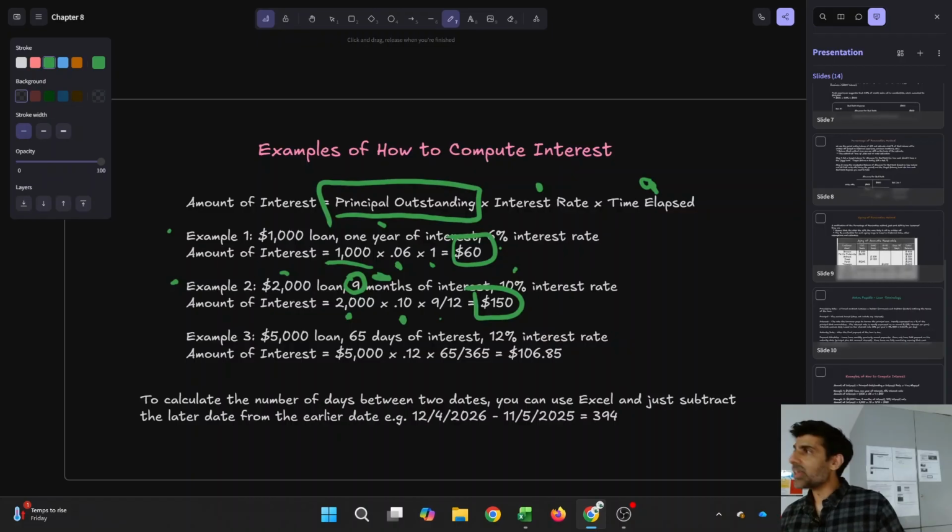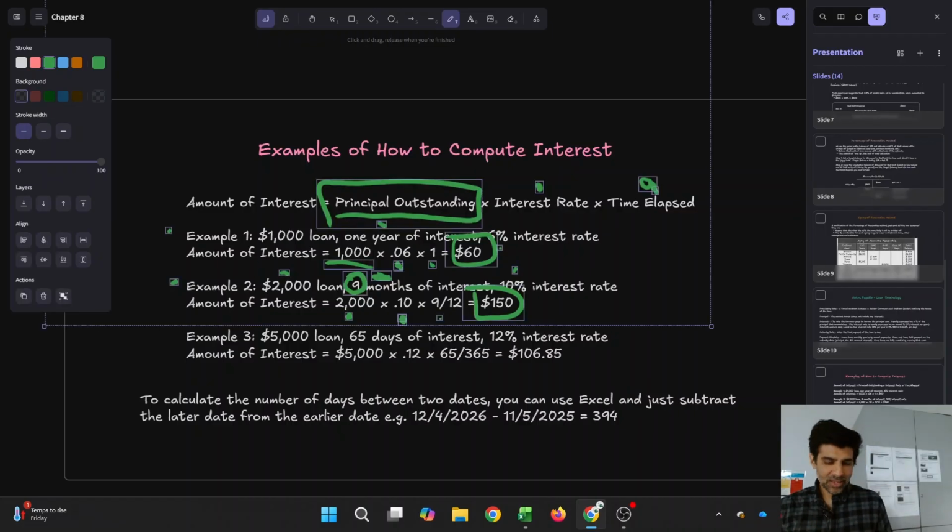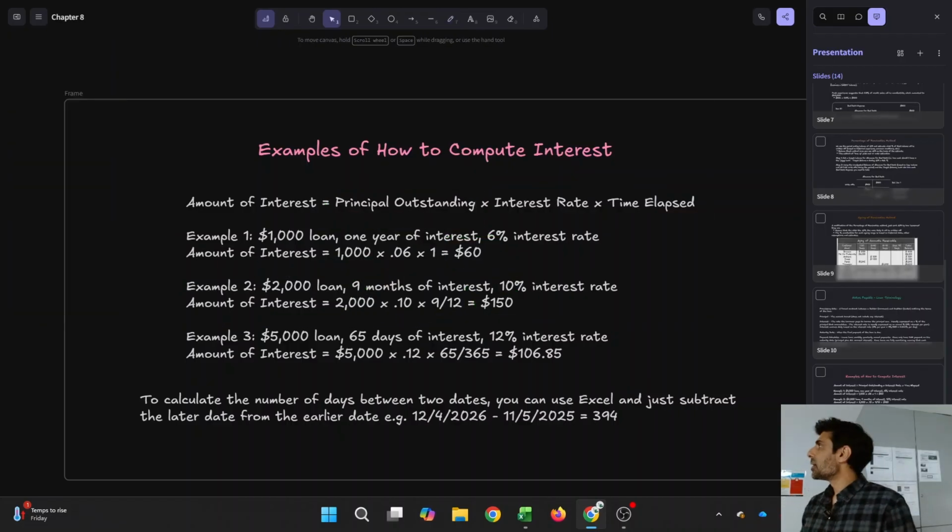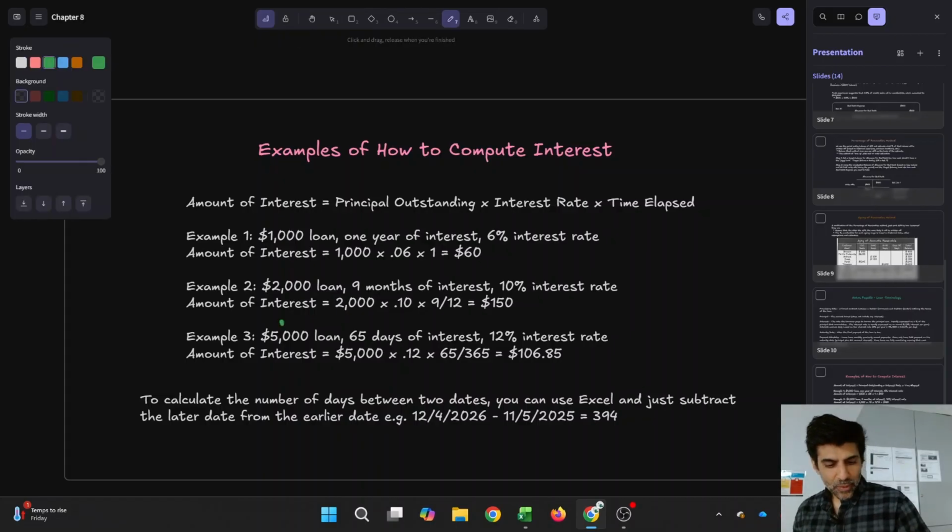Now, what about this? This one requires maybe a little change in strategy. You have a $5,000 loan. Now we're going into days. 65 days of interest, but the rate is still quoted as a yearly rate.